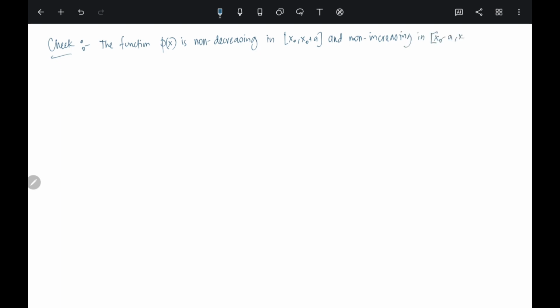So the thing is, let's say the function p of x is non-decreasing in this interval, x naught to x naught plus a, and it is non-increasing in the other part. What is the other part? x naught minus a to x naught.